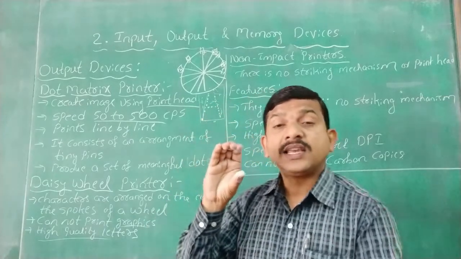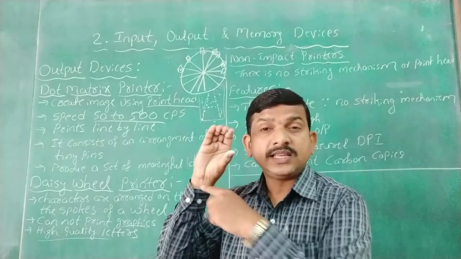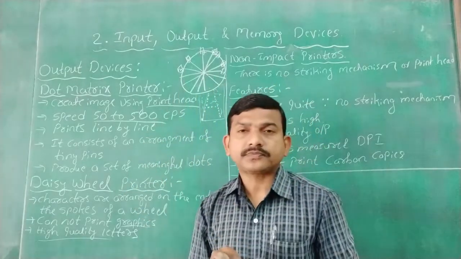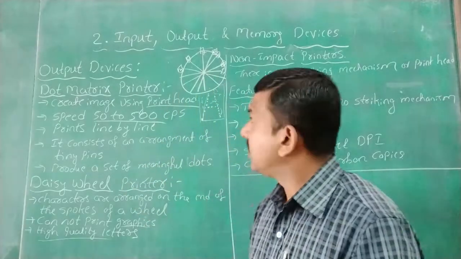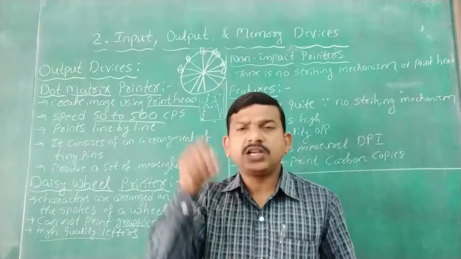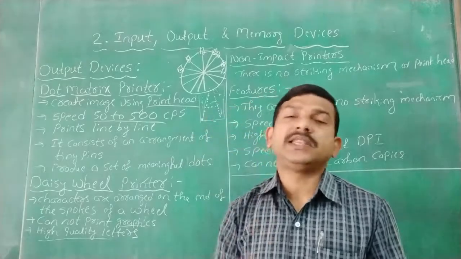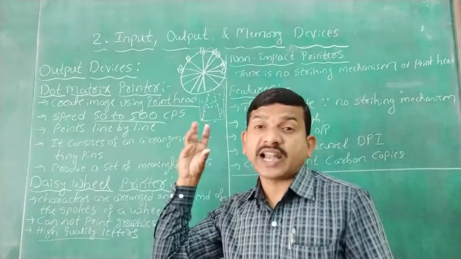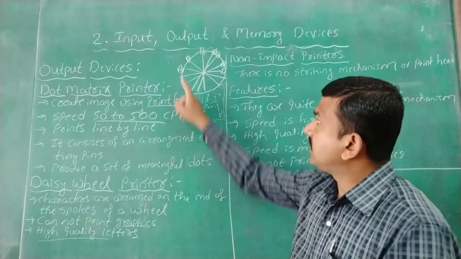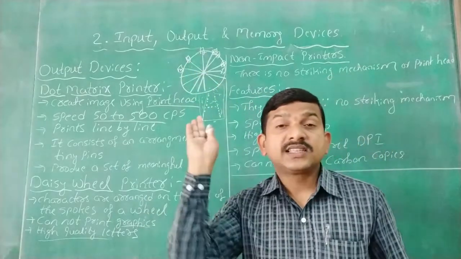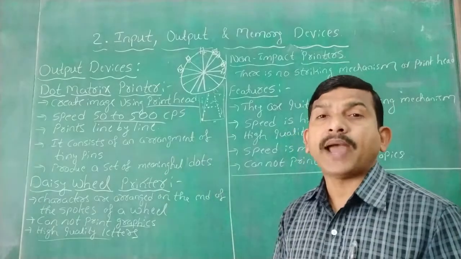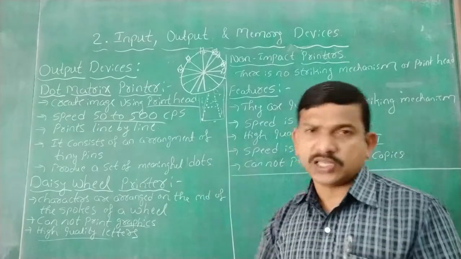That head contains a number of pins, all in a matrix form. Matrix form means just like a square shape. There are so many lines, so many pins. That pin strikes on paper and we get the results. Here these spokes act as the striking mechanism. So these are the two examples of impact printers. Both are noisy only.